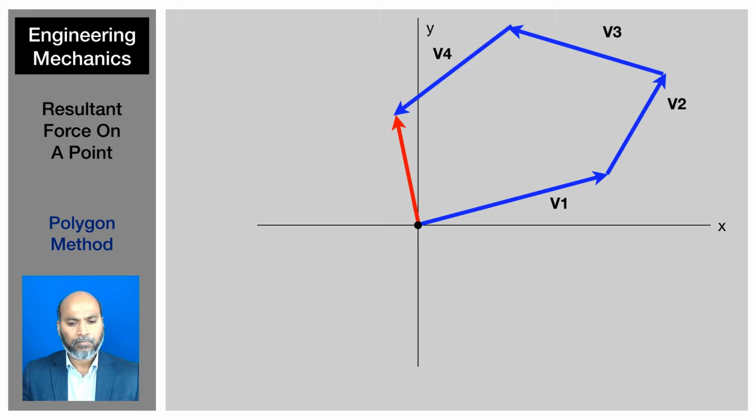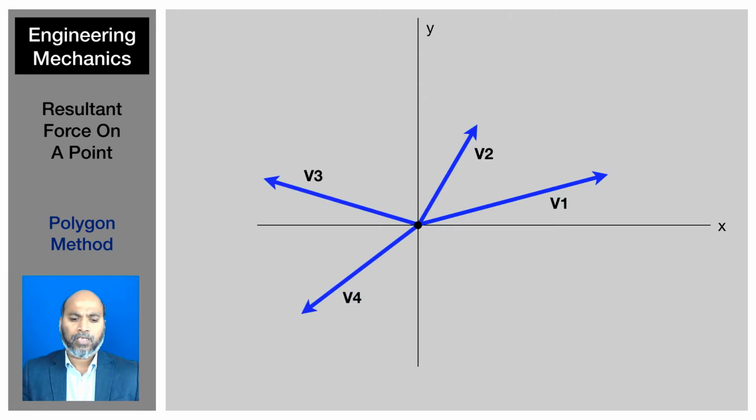Right, let's come back to the same example. I want to mention the concept of coplanar forces. What does coplanar forces mean? This is a term used many times in engineering mechanics. It means that all these forces are in a plane.